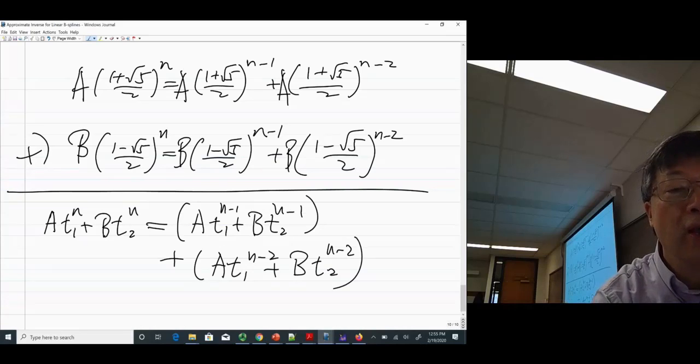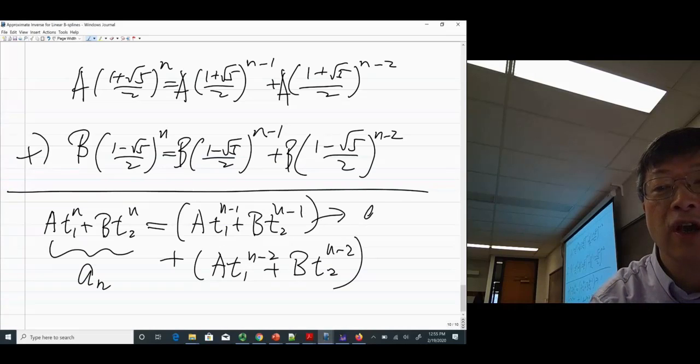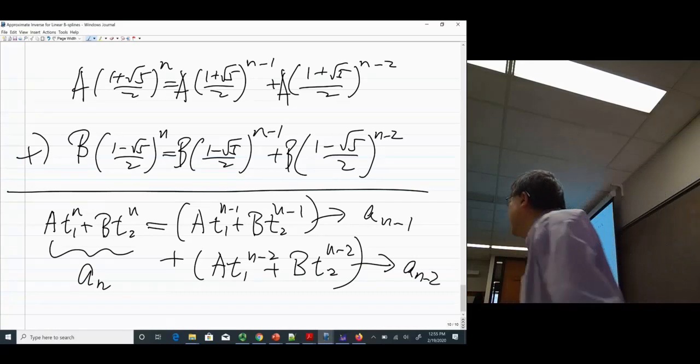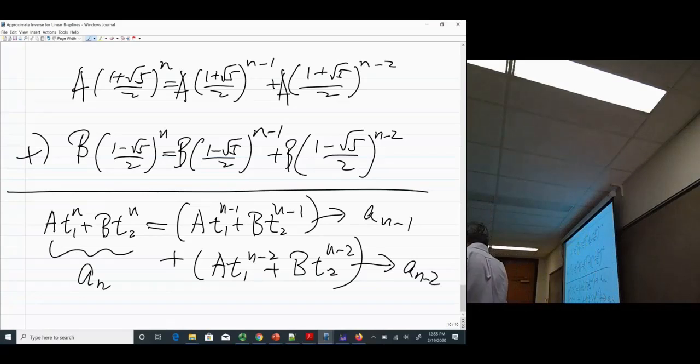Can we treat this as a new solution a_n, where this is a_n minus 1 and that is a_n minus 2? It satisfies the recurrence relation.